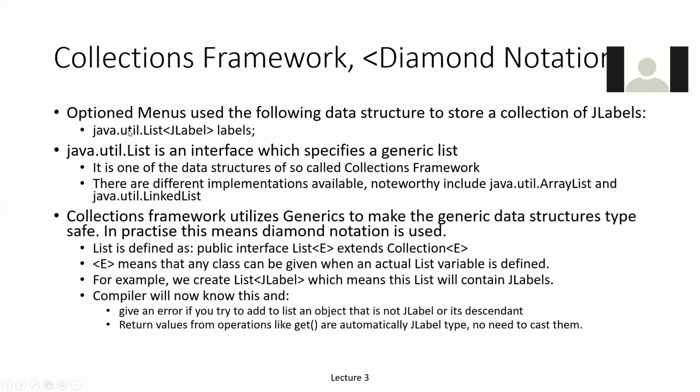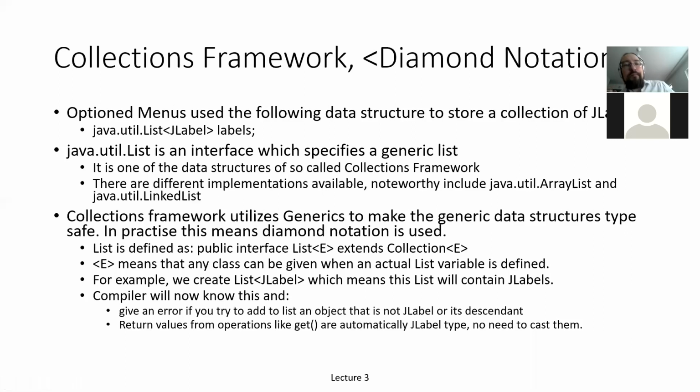Java util list, for example, is part of this collections framework, which is in the Java util package. And yeah, there are list and map and many other data structures that are part of that framework. And this diamond notation, or generics, is used there systematically, so for the list you can tell that, okay, this list contains this kind of objects.